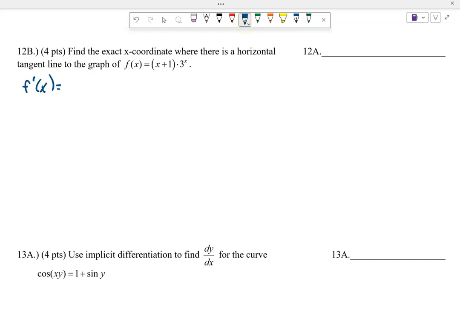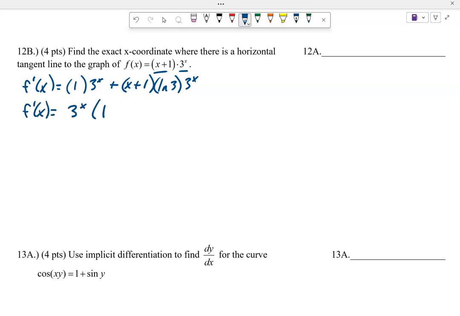I have a product rule on this. The derivative of x plus 1 is just 1, so derivative of the first times the second, plus the first times the derivative of the second, the derivative of 3 to the x. So ln of 3 times 3 to the x, chain rule times 1. Let me go ahead and take out 3 to the x.